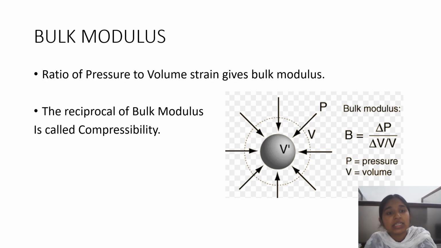So the reciprocal of bulk modulus is called compressibility. And here we have the expression for bulk modulus, B is equal to delta P by delta V by V, where delta P is the pressure and V is the volume. So delta V is the change in volume. Delta V by V is the expression for volume strain, as you know.